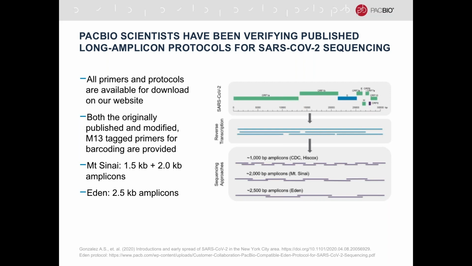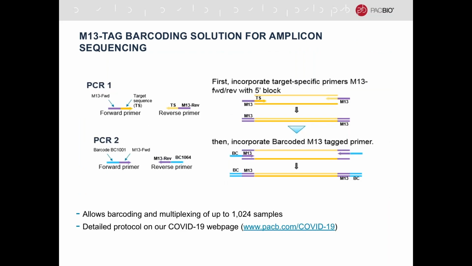And with those downloads, we have both the originally published primers and also modified M13 tagged primers to facilitate barcoding. So today I'm going to talk in a little more detail about work we've done verifying the Mount Sinai sequencing protocol and also a protocol from the Eden lab in Australia using slightly longer amplicons.